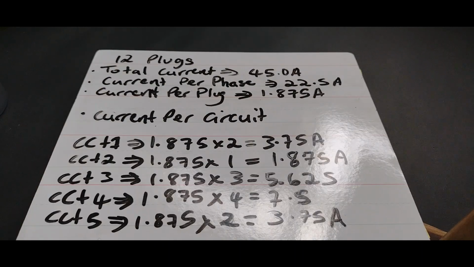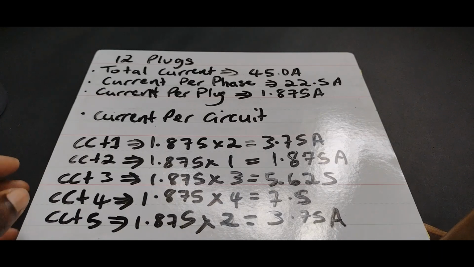So we have a total current of 45 amps, current per phase of 22.5 amps, current per plug 1.875 amps. Now notice how we will be dividing up the circuits.